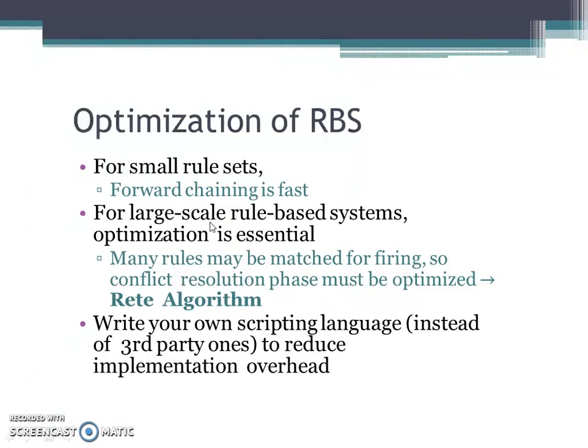So definitely, as you can see, for a rule-based system, you can optimize the algorithm more. For one thing, we know that forward chaining is definitely faster because you don't have to compare the conditions with the facts, which is more time consuming.